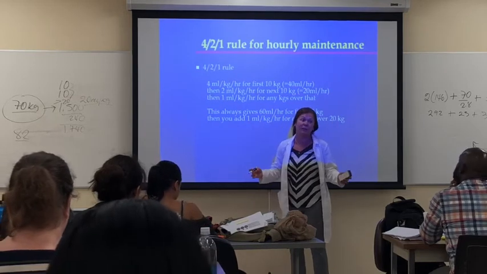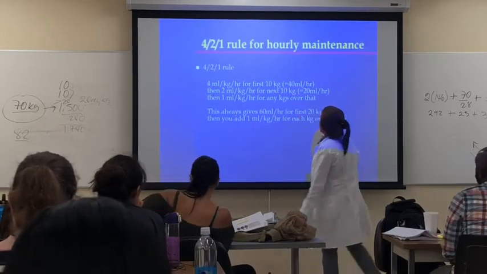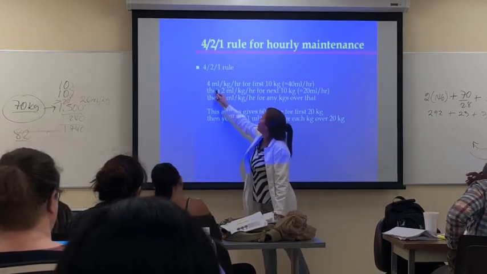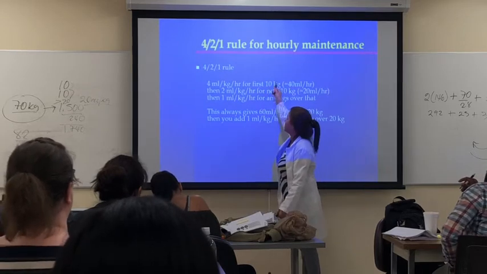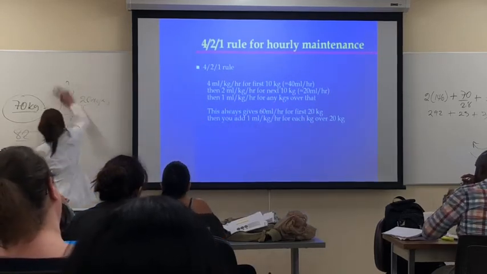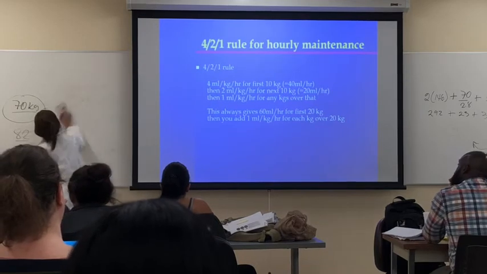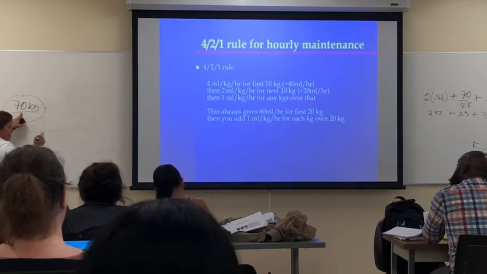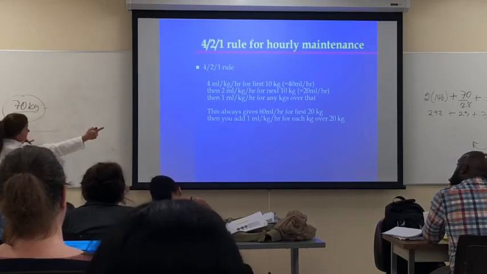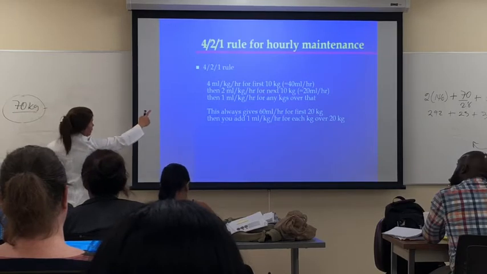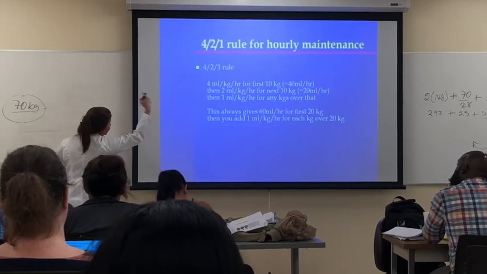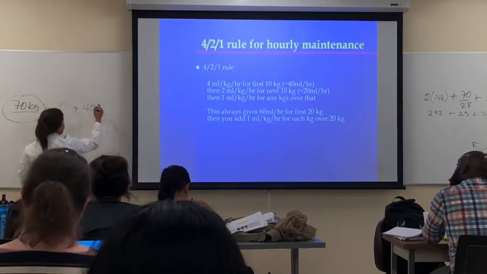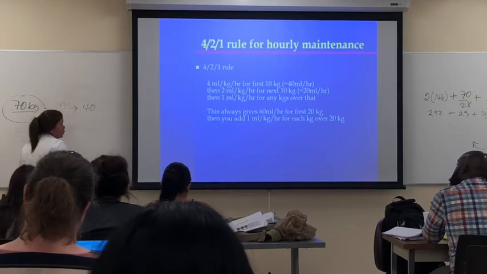It's not an exact number, but very close. You do 4 mL per kilo per hour for the first 10 kilograms, so for my first 10, I already have 40 mL per hour, which avoids the division by 24 hours.